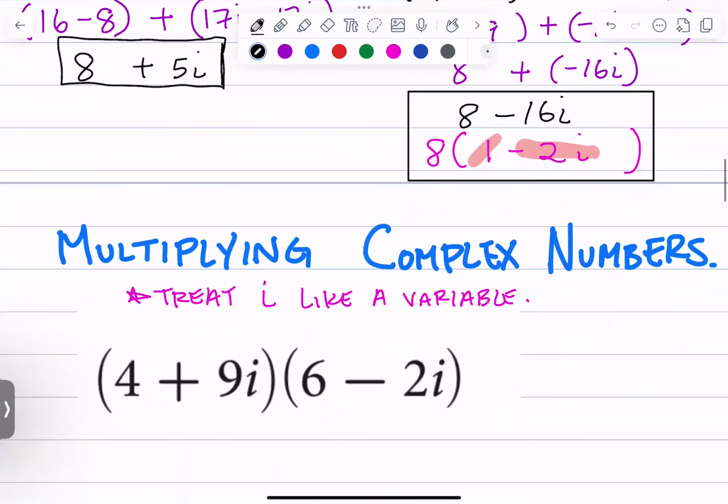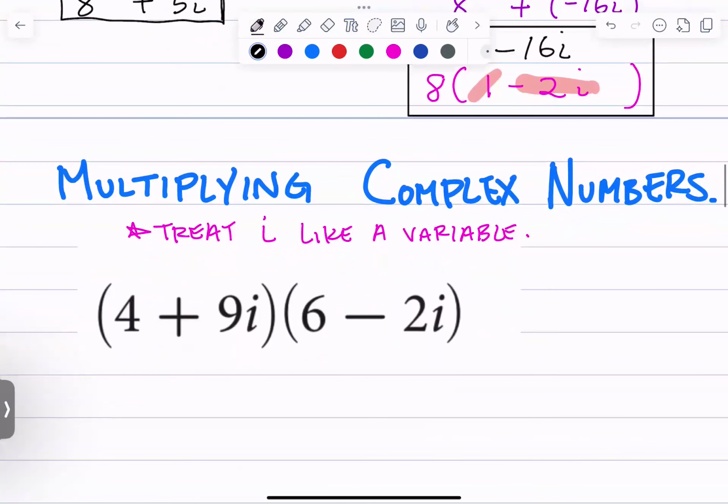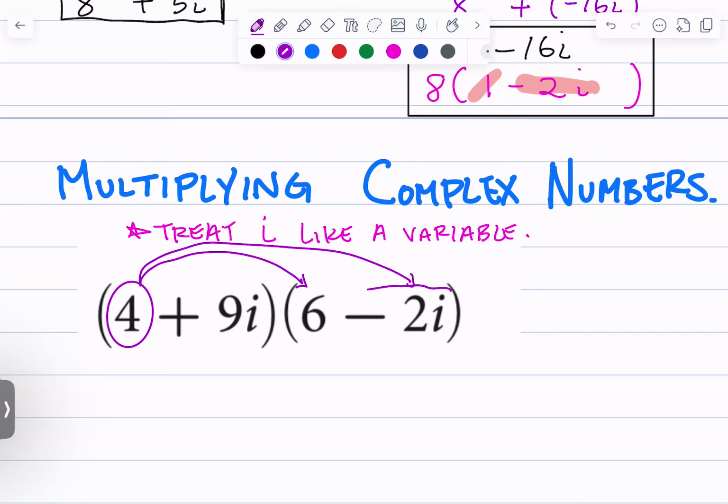When we're multiplying complex numbers, remember that there's only two terms, right? There's only two things. There's a real number and an imaginary number, right? So we're multiplying two terms with two terms. We're just multiplying binomials. And we're going to treat i like a variable. Okay, so remember when we're multiplying binomials, I'm going to get the first one. I want to distribute it out and multiply it out to the 4 and the negative 2i.